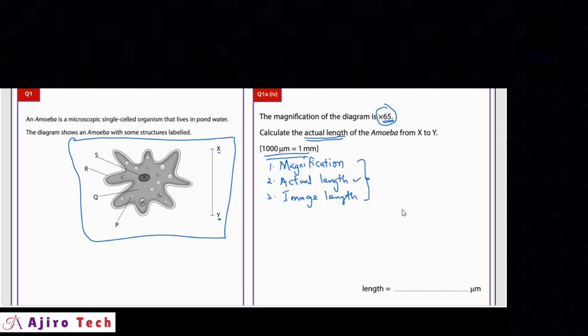Since your magnification has been given, to get your image length you have to take your ruler and measure this line X to Y. It depends on the type of ruler you're using. If you are using a centimeter ruler, you can measure in centimeter and then convert to millimeter or micrometer as the instruction states.